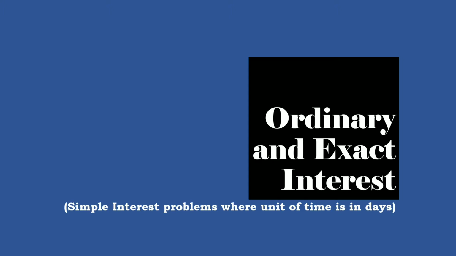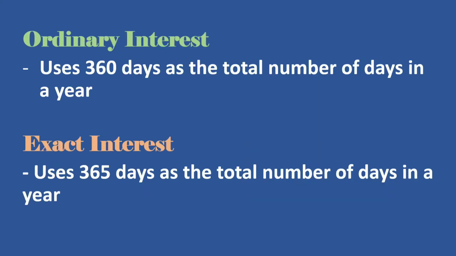Okay, so this slide is part of the series of lecture slides on simple interest. This time we will be discussing ordinary and exact interest. These are example problems wherein simple interest utilizes days as the unit of time. There are two kinds of interest if the given time is in days: ordinary or exact interest.